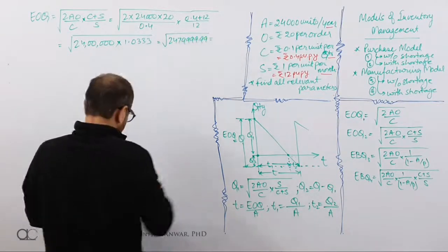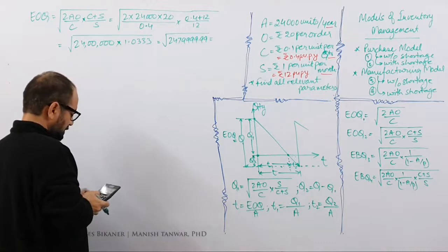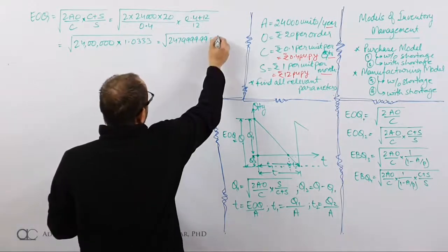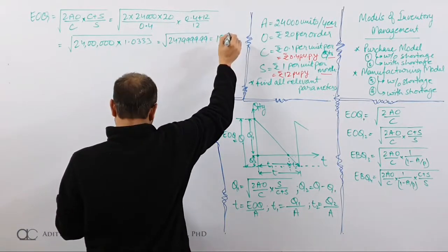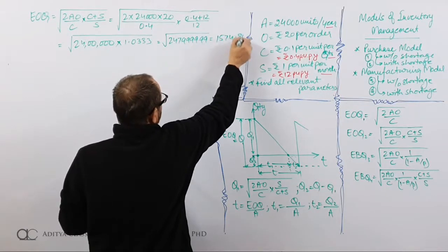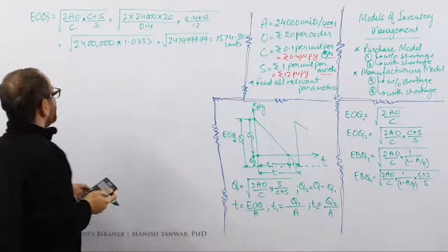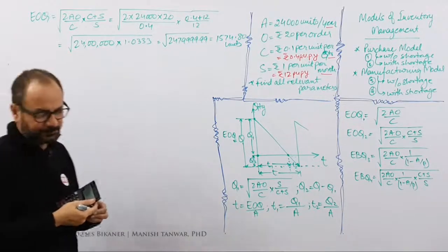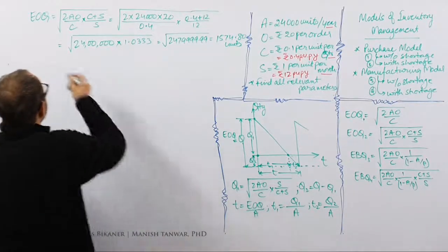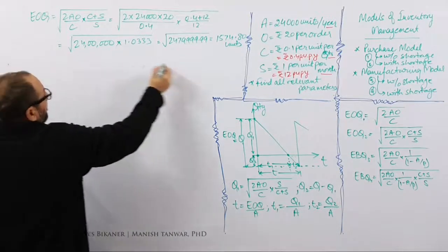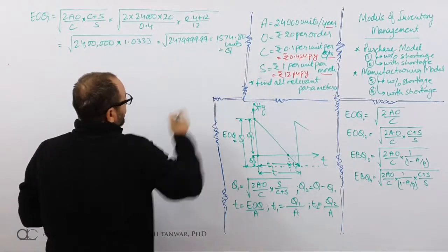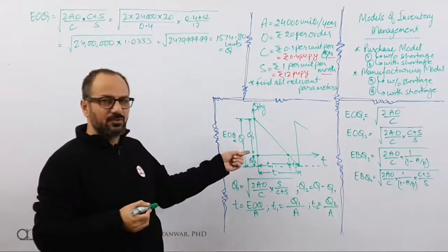And if I take the square root, it comes to 1574.80 units. So this is my EOQ. And incidentally, it is also equal to Q.